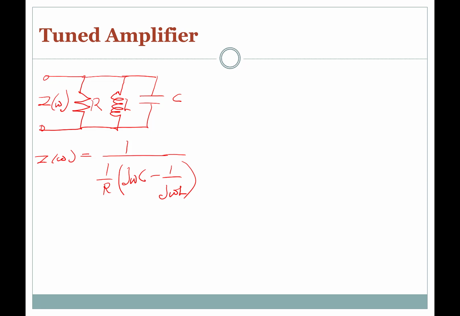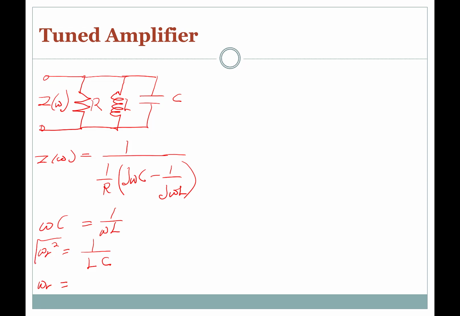Now at resonance, that is when the impedance is minimum, we can say that omega C is equal to 1 over omega L. And then the resonance frequency, omega R, is given by omega R squared equals 1 over LC. Now, to find omega R, we would take the square roots of both sides.